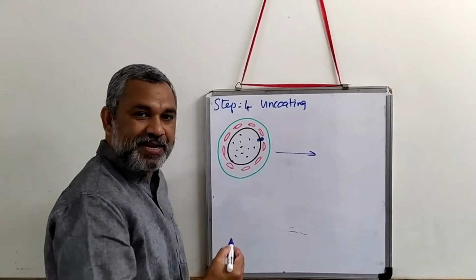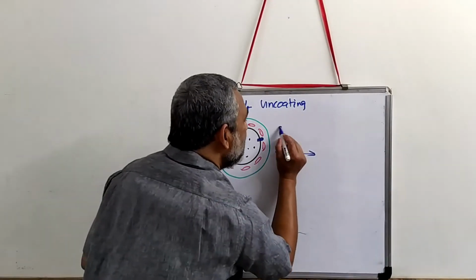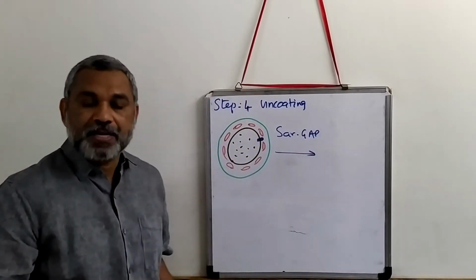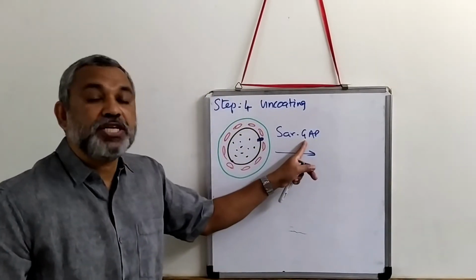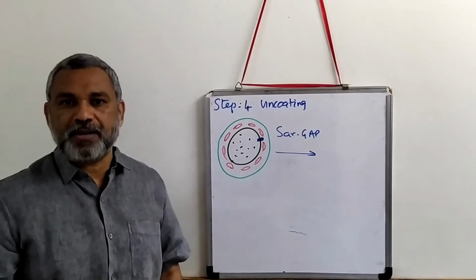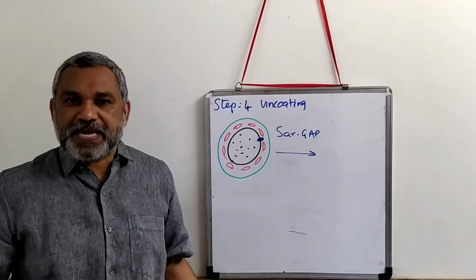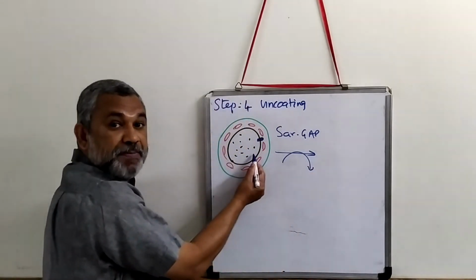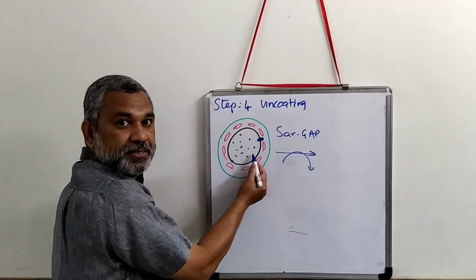We have a protein in the cytosol that is called the SAR-GAP protein. GAP stands for GTPase activating protein. That is nothing but a GTPase. So this will remove the GTP which is bound to SAR.